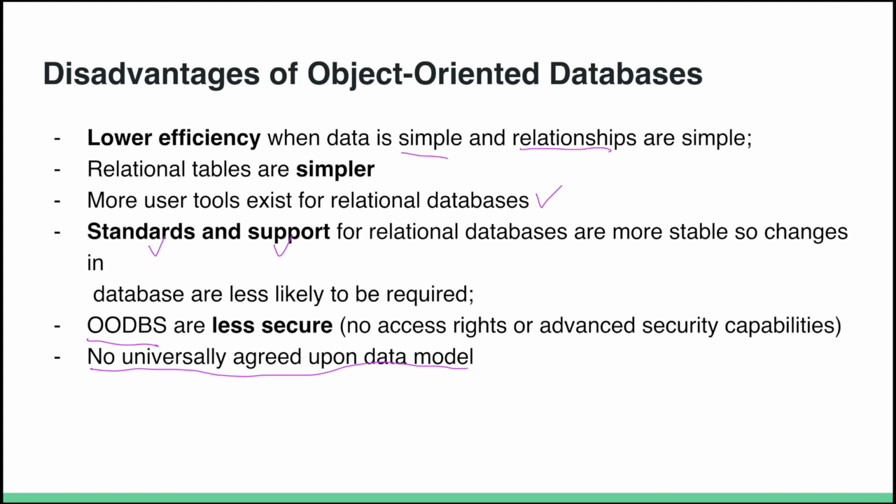You can pretty much create anything, right? You can have multiple classes, you can have different attributes. You have a lot of flexibility. This also means that you don't have a concrete data model in the same way that a relational database has with rows and columns. If you don't have a universally agreed upon data model, you can just end up with a mess. So relational databases tend to be more rigid, but also more standardized and easy to understand.